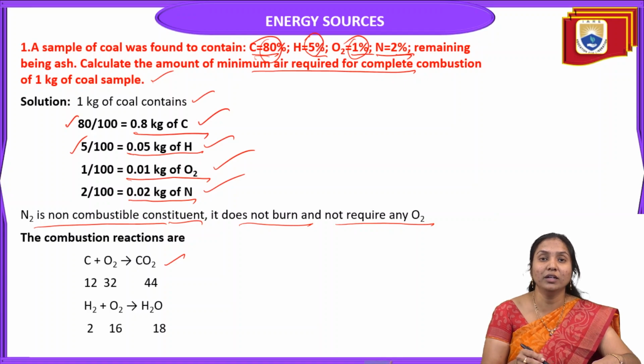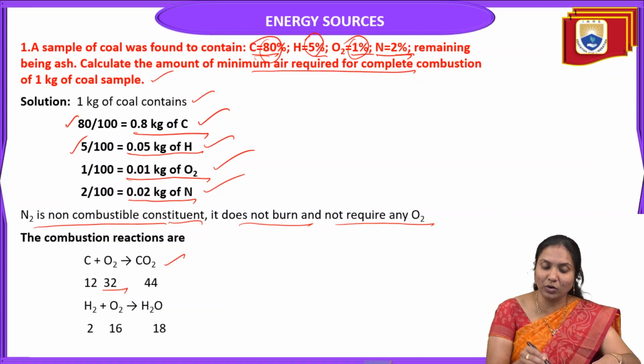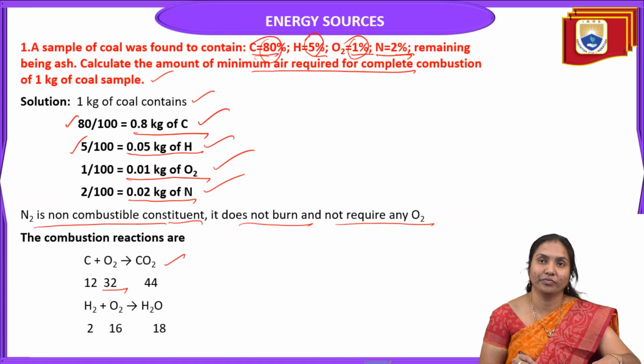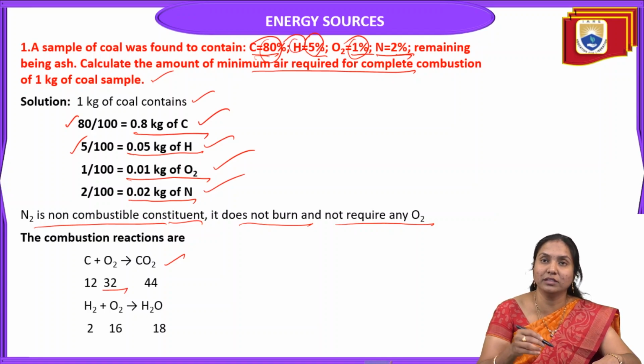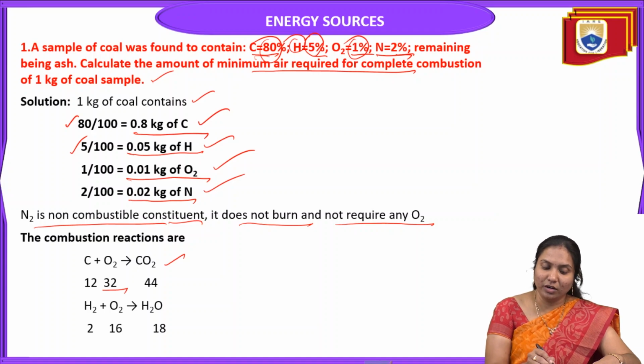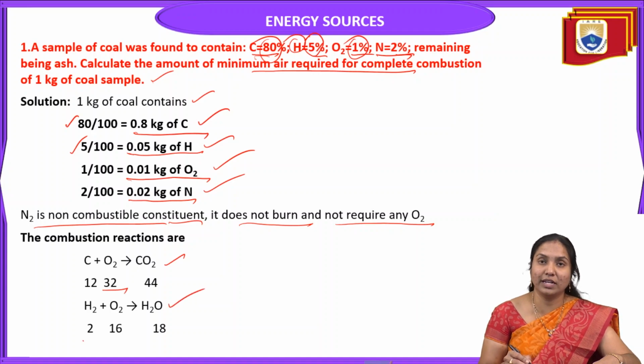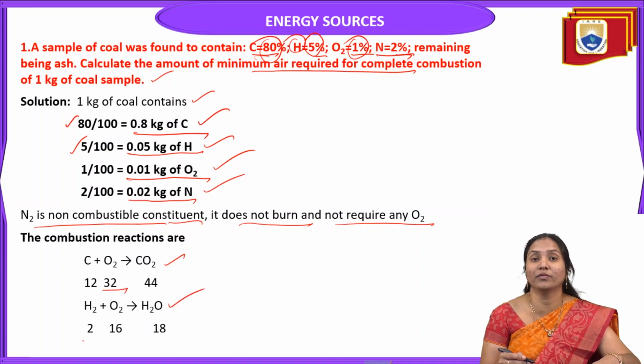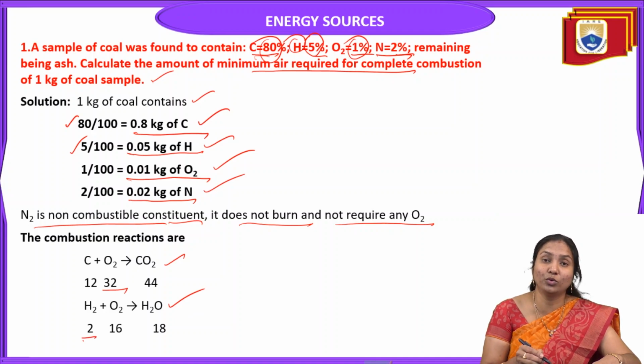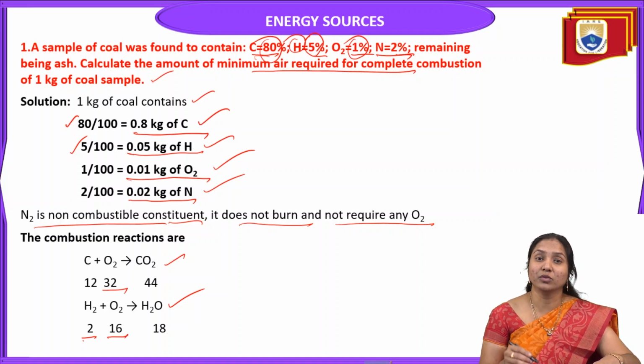So 12 kilograms of carbon requires 32 kilograms of oxygen. Next, hydrogen is also present in this fuel. H2 reacts with oxygen, and the combustion product is water. So by molecular weight, 2 kilograms of hydrogen requires 16 kilograms of oxygen. So this is step 1.